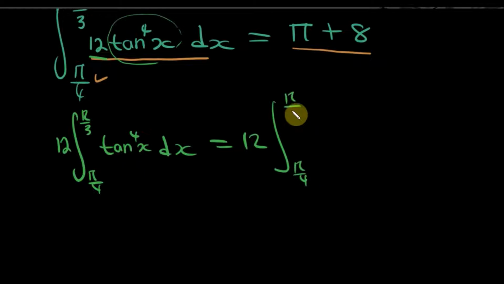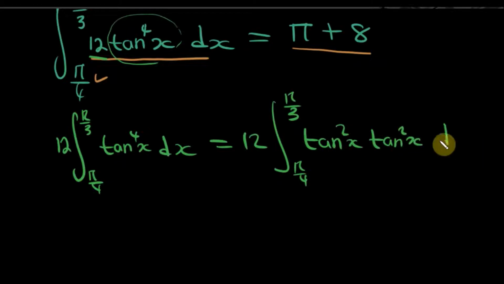Then let's rewrite that as a product of tan squared. So we can rewrite that as tan squared x multiplied by tan squared x dx.